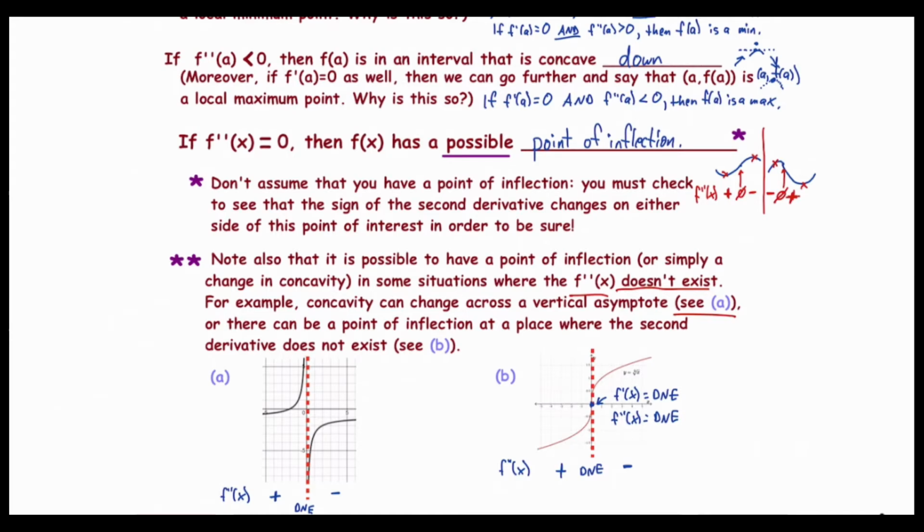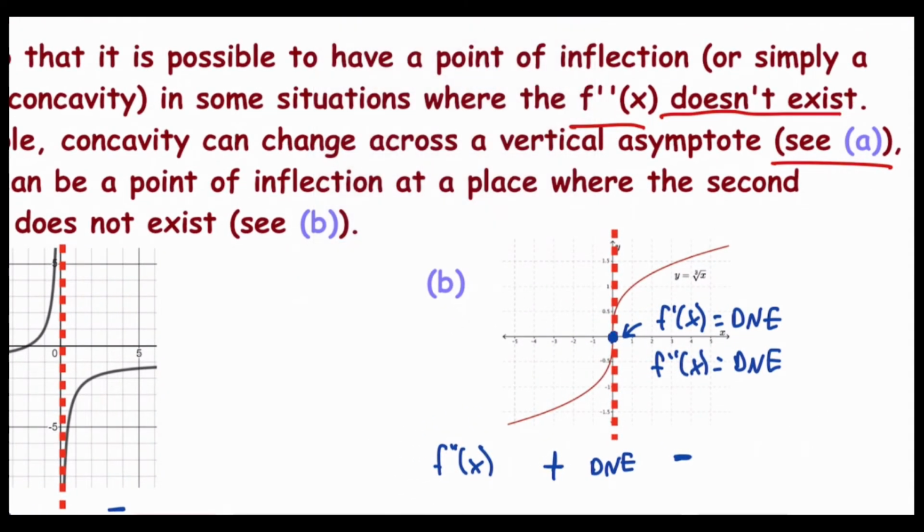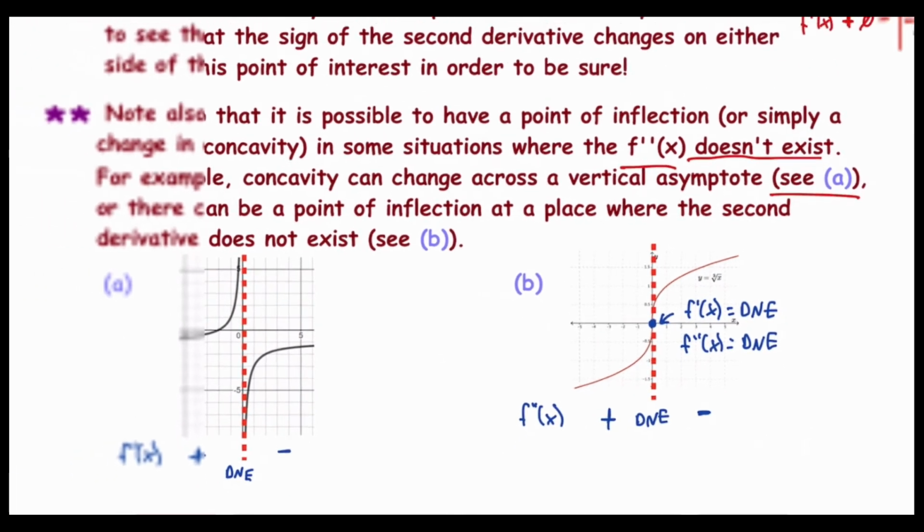But know that we also need to examine points on either side of that point to be really sure it's actually an inflection point, that it's actually a local max or min, and also to watch out for the fact that concavity can change if there's a vertical asymptote, or if the tangent is perfectly horizontal, or if the tangent would be perfectly vertical at that point. So in this case, just to be clear, we do have an inflection point, but we cannot find the second derivative there. It's not defined.